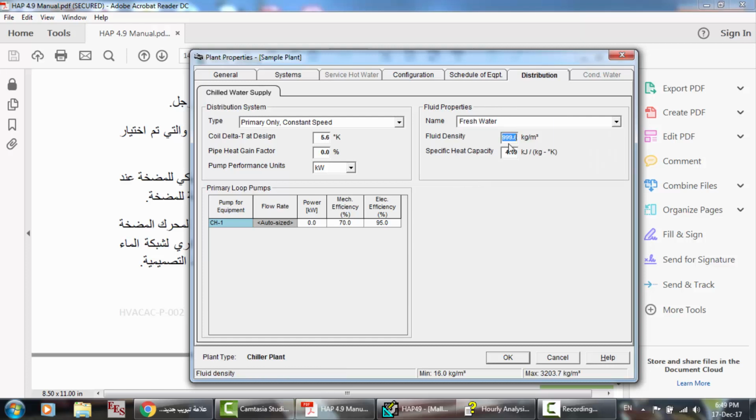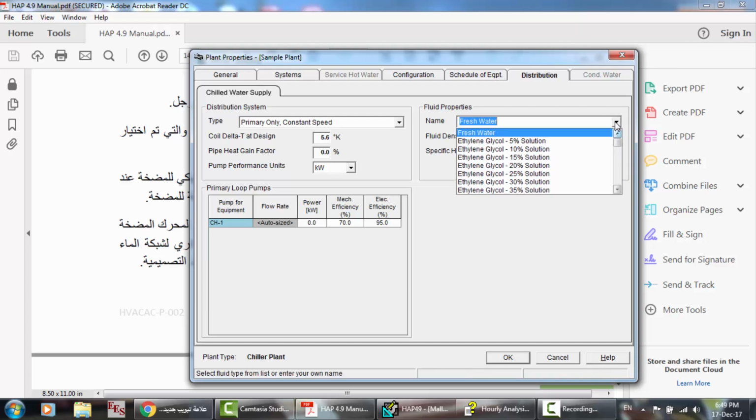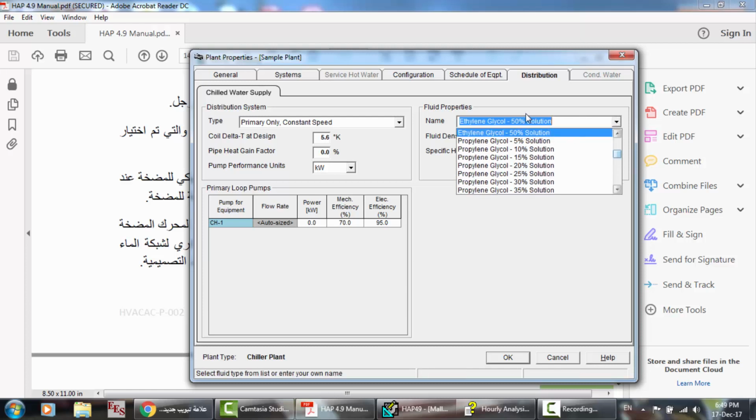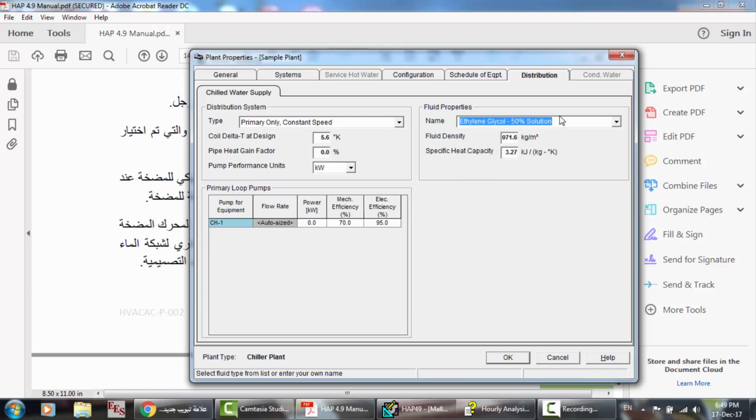And here are the fluid density and the specific heat capacity. You can change them, and if you do not have the fluid, suppose that we have a new fluid here, you can also name it and change what you want.